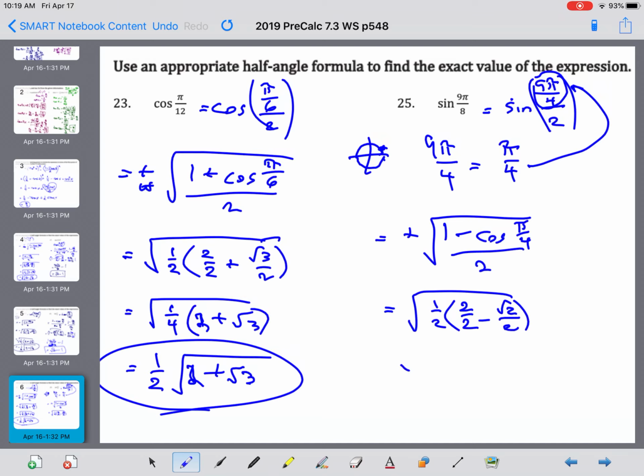Take out another 1/2, so we get 2 minus root 2. Square root of 1/4 gives me 1/2 outside, and then in the radical, 2 minus root 2.